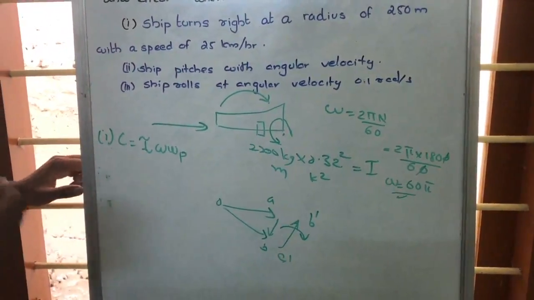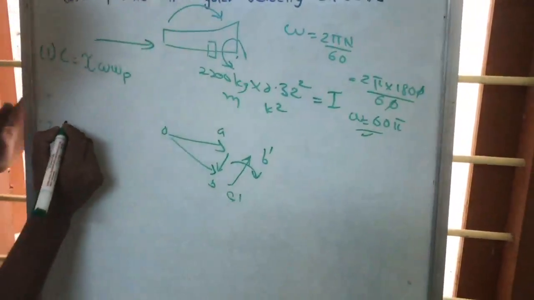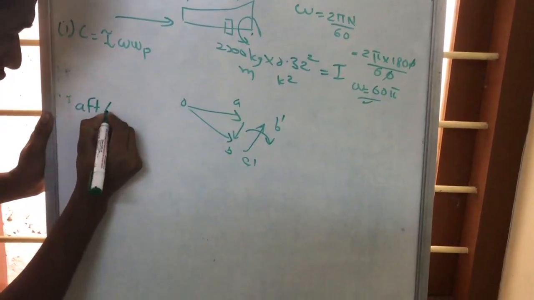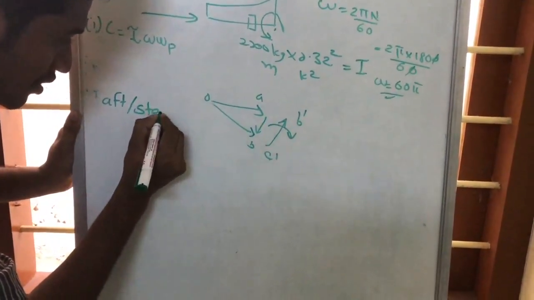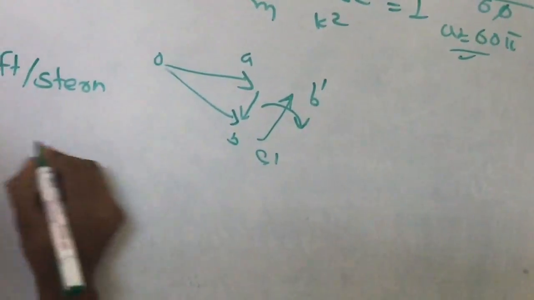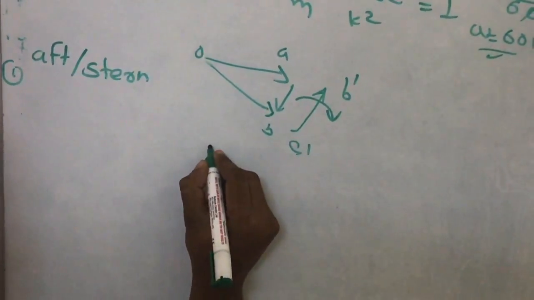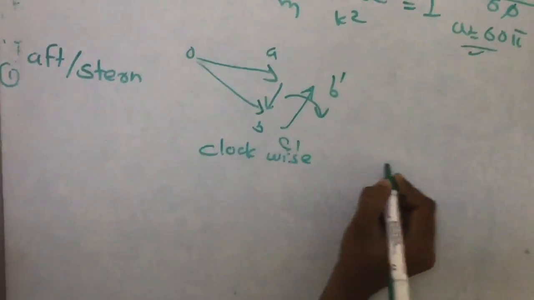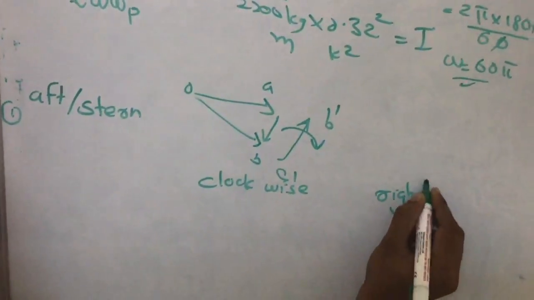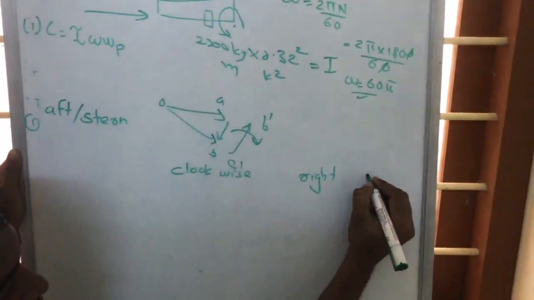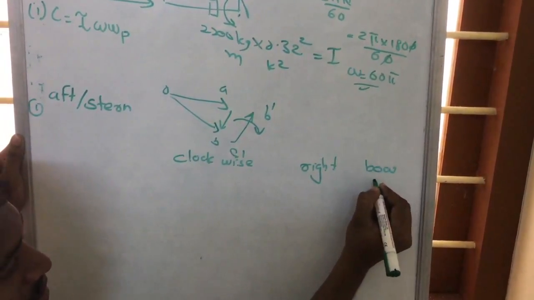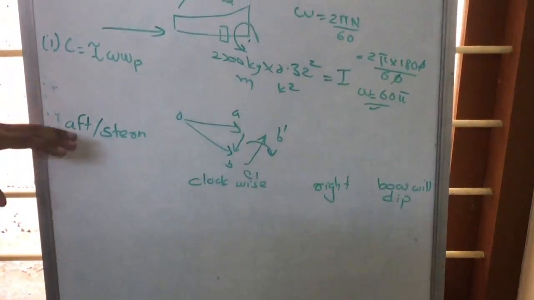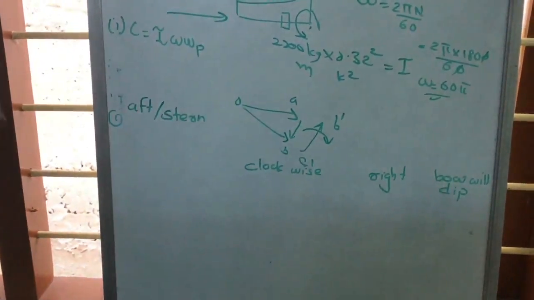Here what we have to remember is: we are looking from the aft end or stern end, the propeller is rotating clockwise, and if the ship turns right, then the bow will dip. So this is the first table that we want to remember.